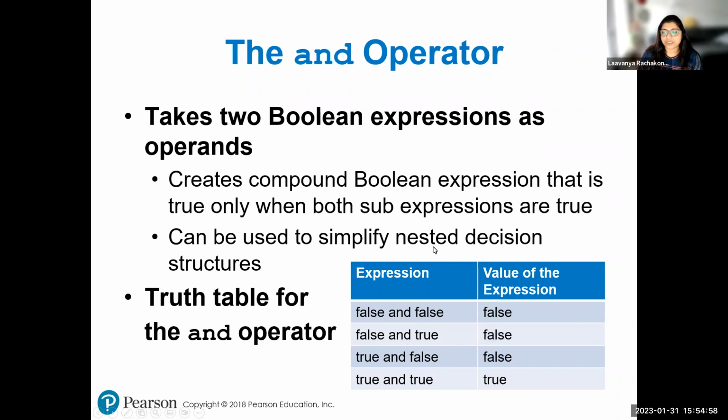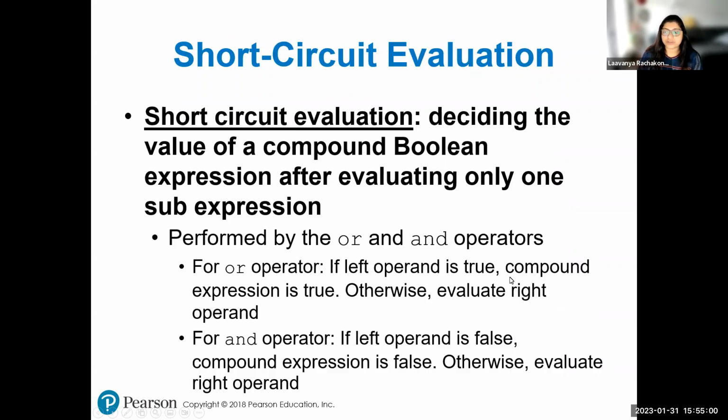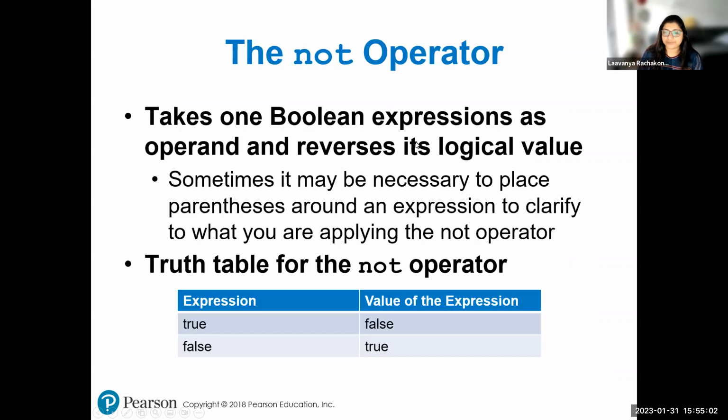Depending upon the conditions and the compound expression values, you can write or design your programs. For the NOT operator, if the sub-expression value is true, then the compound expression value will be false. If the sub-expression value is false, then the compound expression value will be true, because it's just reversing whatever you have in your expression or condition.